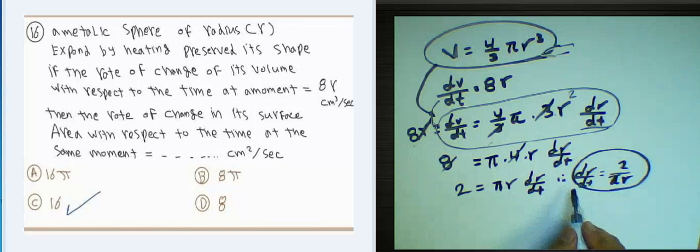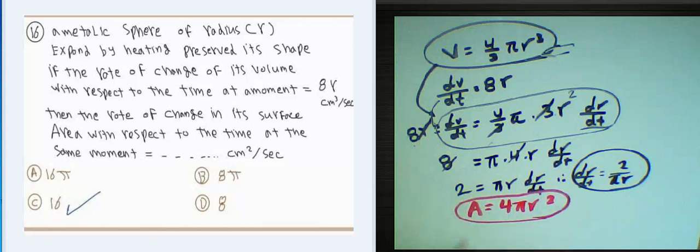We want to find the derivative with respect to time of the area. We know the sphere area equals 4 pi r power 2. Then the derivative of the area, dA over dt, will be 8 pi r dr over dt.